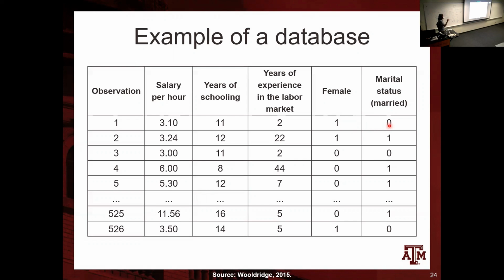And the marital status information here is also simplified, 0, 1. Married 1, everybody else 0. Of course, for all these variables, we can measure them in different ways, okay? So this is a database. The variables are my columns, the characteristics of these workers, and the rows are my observations, the unit of analysis. Each one of these numbers here are my individuals.